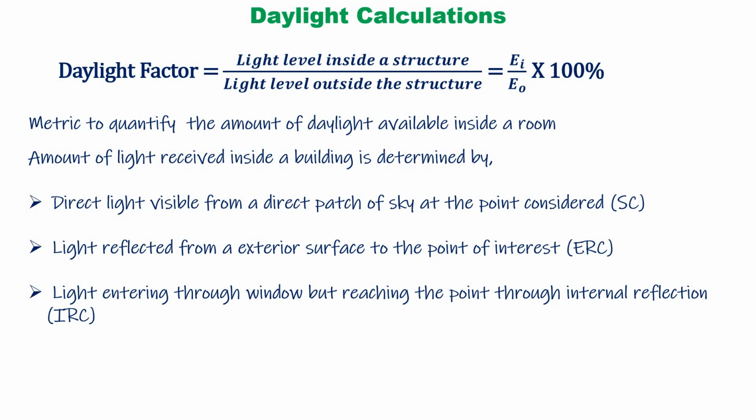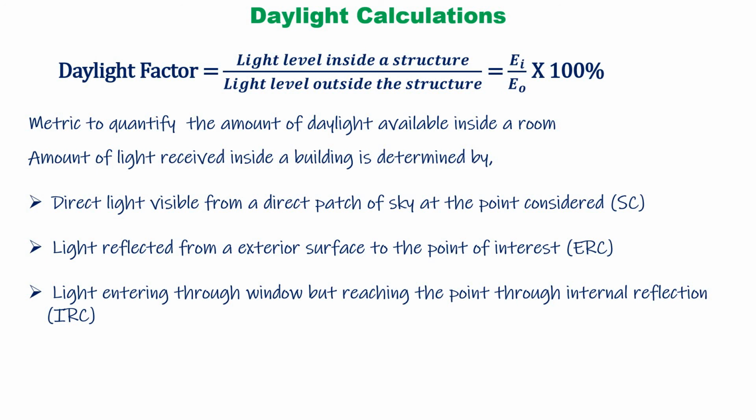So this amount of light which is present in the room can be classified into three terms. One is the direct visible light, which is coming from the sky to the point which we consider. The second source is the light which is reflected from the external surface to the point of interest. And the third one is the light which enters the room through a window but reaches the point through internal reflection.